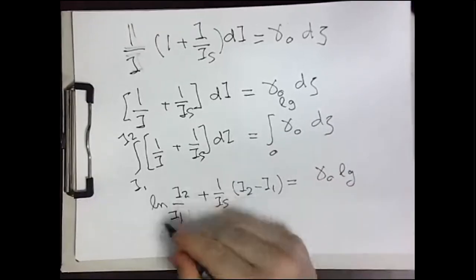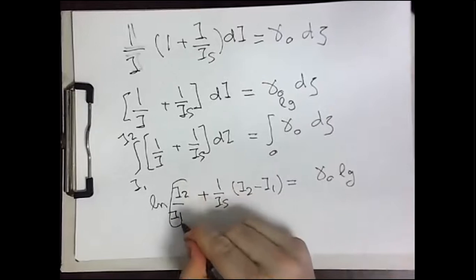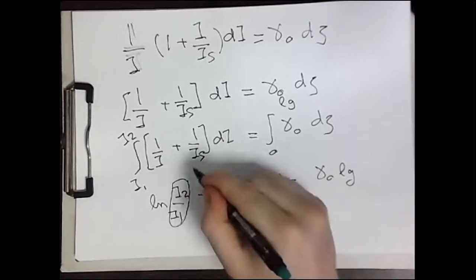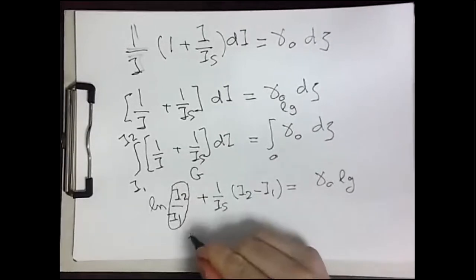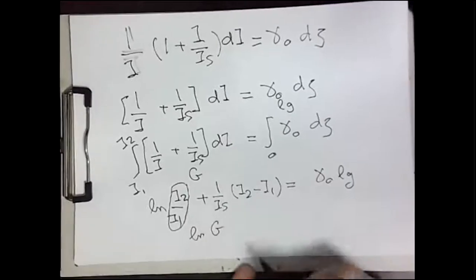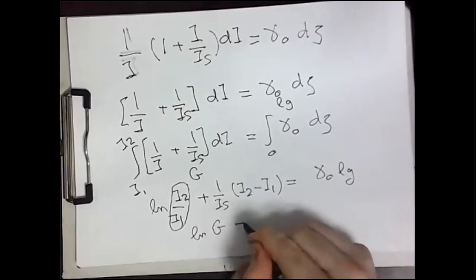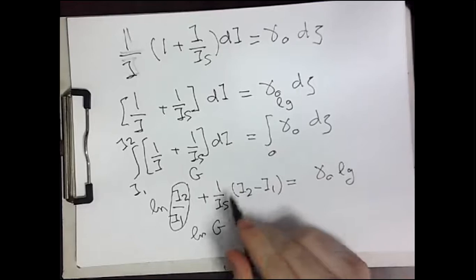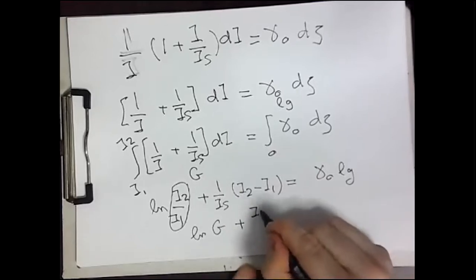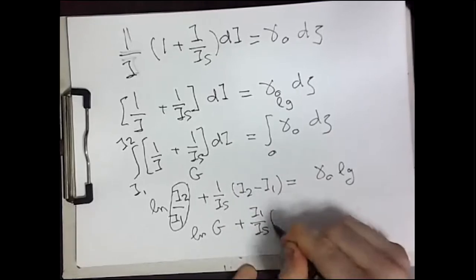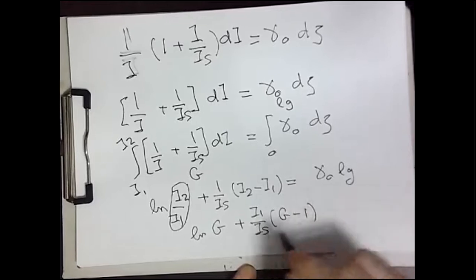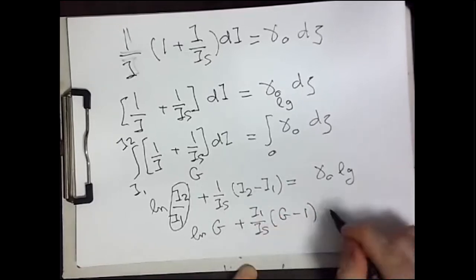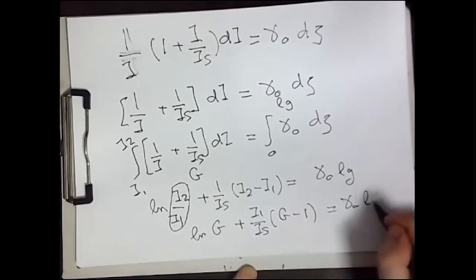So I2 over I1, this is the output intensity over the input intensity. So this is the gain. So ln of the gain, plus, if you pick up I1, which is the incident intensity, it will be I1 over Is times the gain minus 1, because now I2 over I1, which is the gain, equals gamma0 Lg.